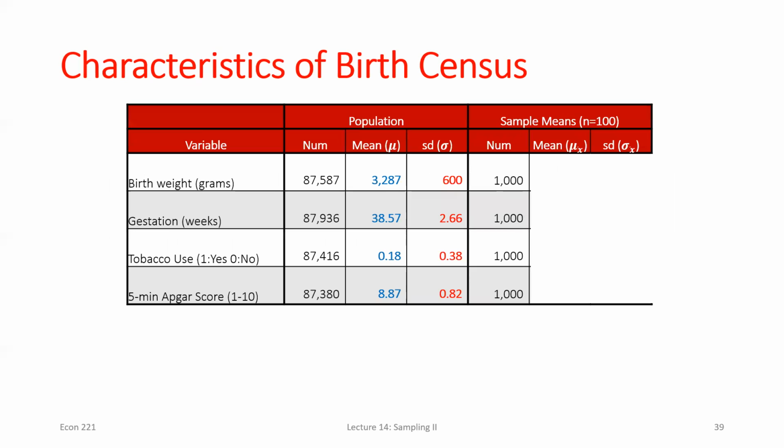Okay? So this is from actual data, right? Here was the original population mean, the original population standard deviation. The mean of my sample means should be the original population means, and the standard deviation of my sample means should be the original standard deviations divided by the square root of 100, or divided by 10.